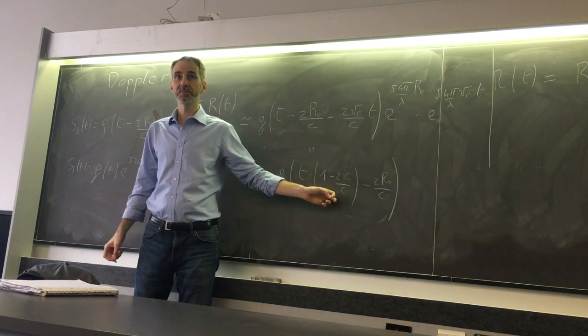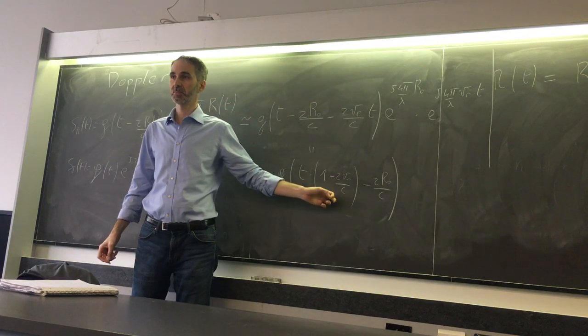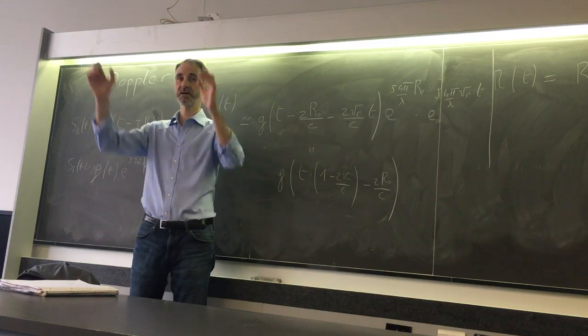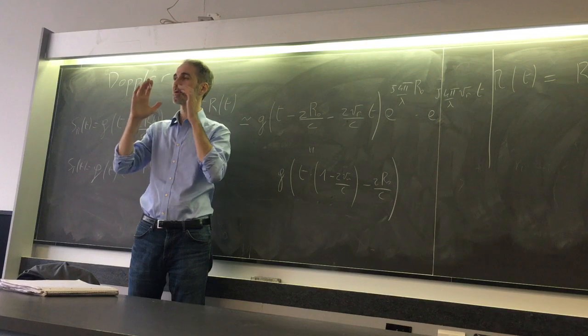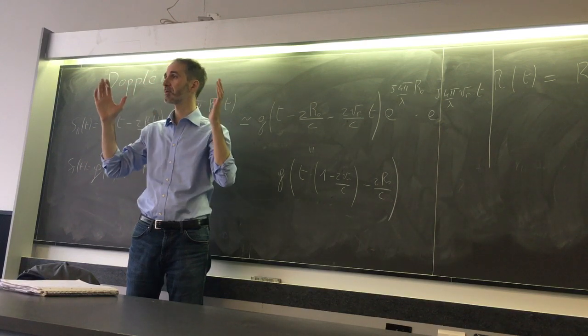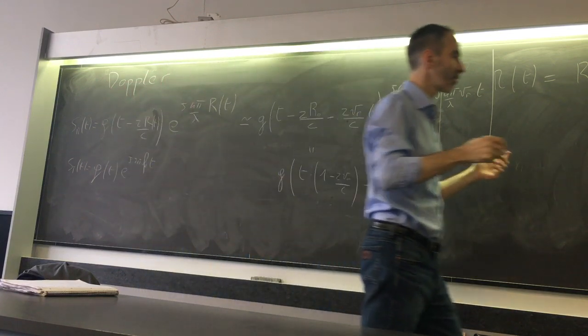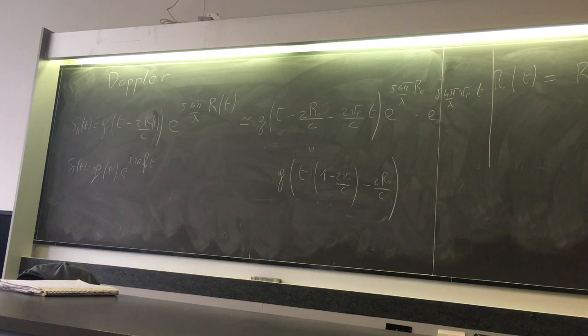And this is a contraction factor. So this means that your signal is a bit contracted, so it is either shorter or larger, depending on Vr. So if this is your g of t, then the signal can go a bit larger or a bit shorter.